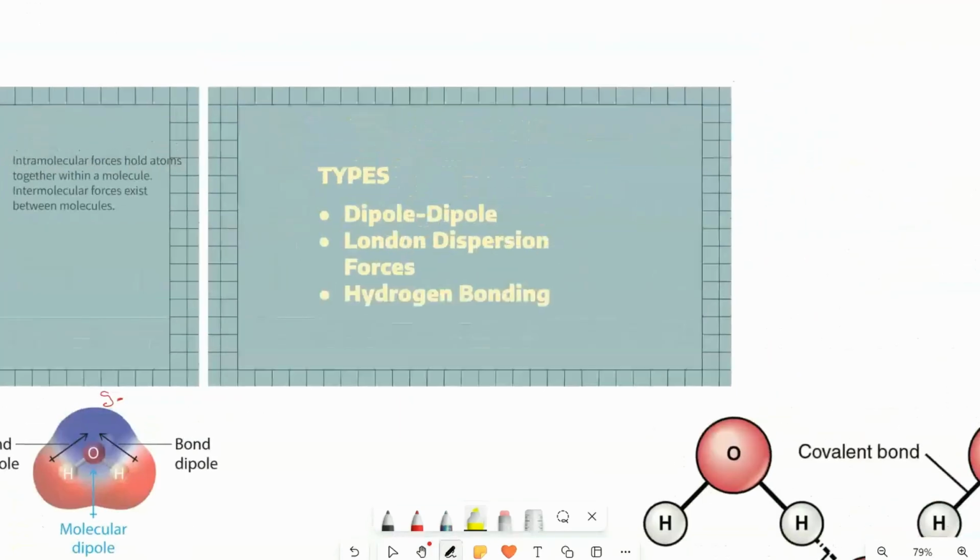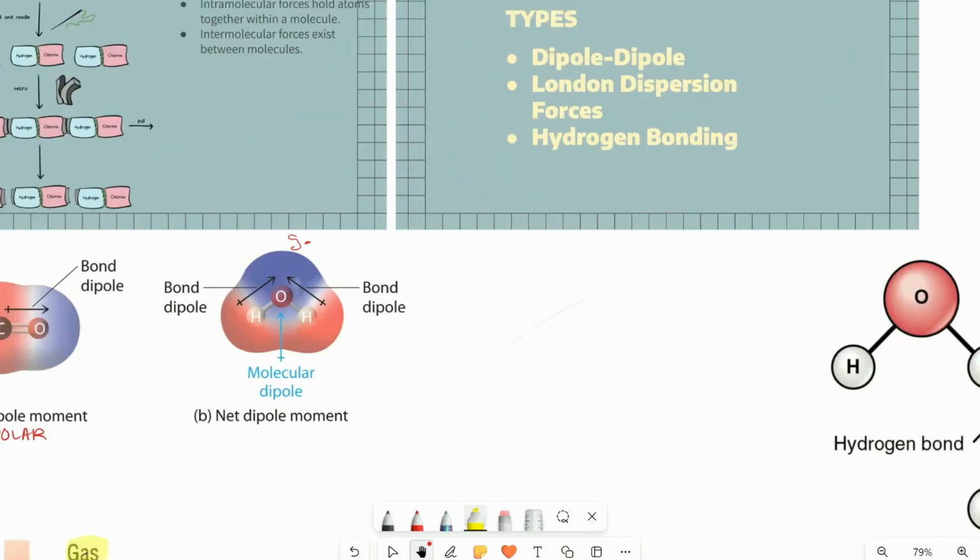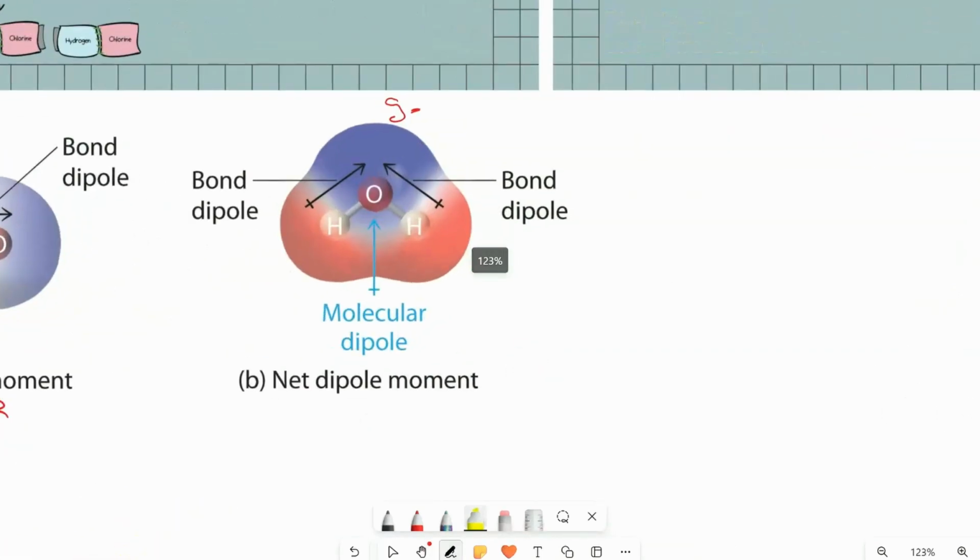Okay, now let's take a look at hydrogen bonding. Hydrogen bonding is in all textbooks demonstrated using water, so that's what we're going to do. Hydrogen bonding, as the word suggests, requires hydrogen. So here I have water, which has hydrogen. It also requires a very electronegative atom, in this case oxygen.